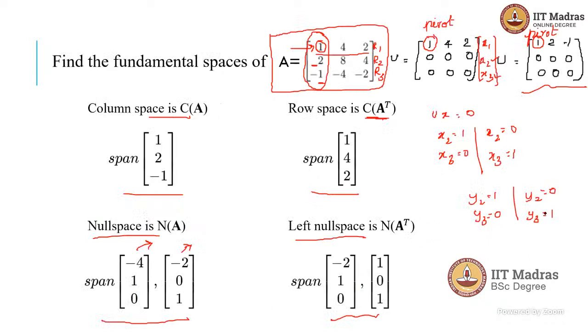Ma'am, in some questions in the graded or practice assignments, when they ask the column space and row space, there are instances where we've used the row reduced matrix and then told that that is the column space. Or, I mean, there are some questions where we've solved it that way also.